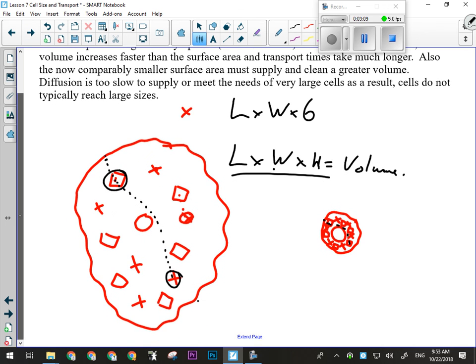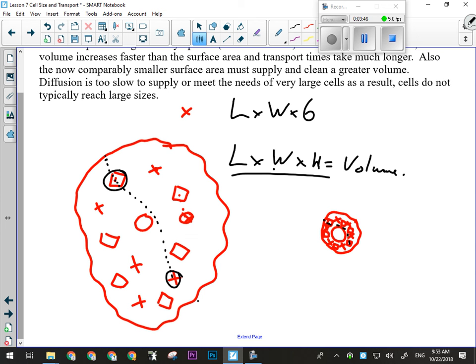In terms of looking at a cell, if we're looking at its surface area and its volume, we want volume to be small and surface area, by comparison, to be large. Remember that volume is a three-dimensional thing, and surface area is a two-dimensional thing. As a cell gets bigger, surface area increases, but the volume increases exponentially faster, because it's three-dimensional.